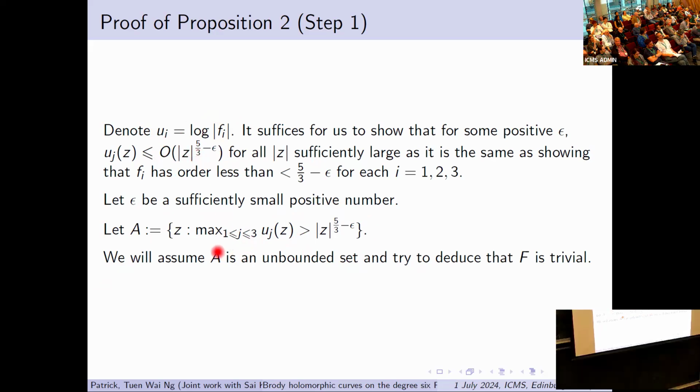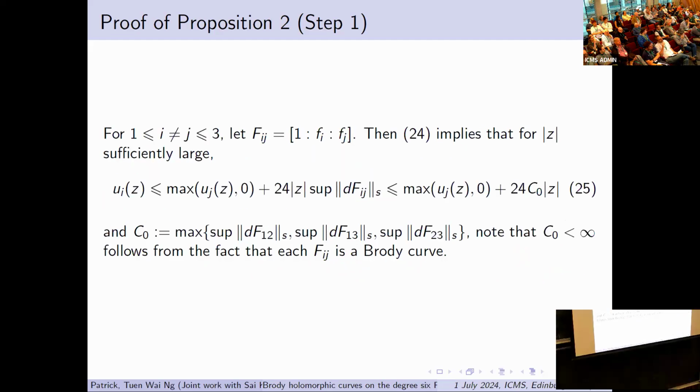So we are going to assume A is unbounded, and try to prove that the Brody curve is trivial. We are going to make use of Eremenko's theorem. We start with F_ij defined this way. We only consider two coordinate functions, f_i and f_j, where i and j are not equal.